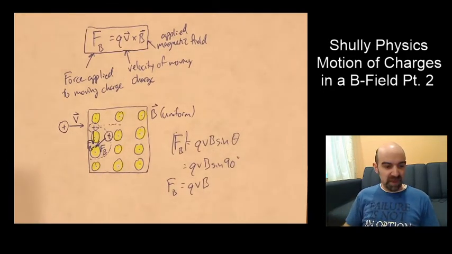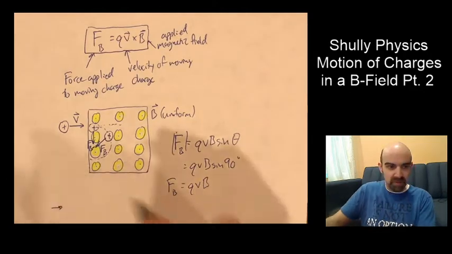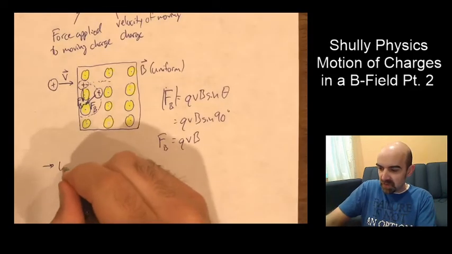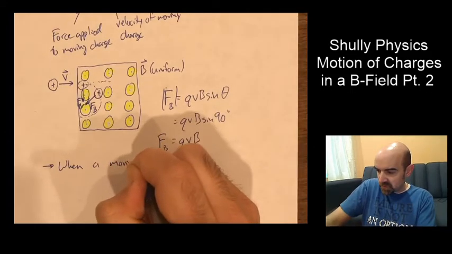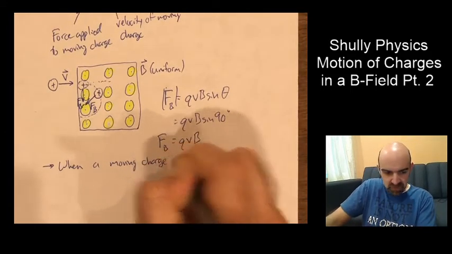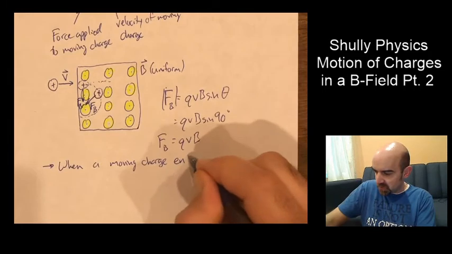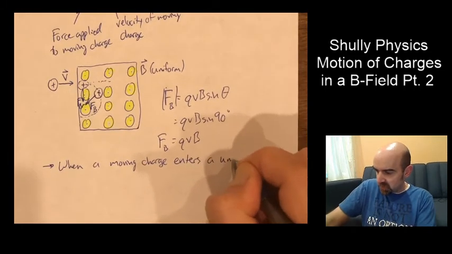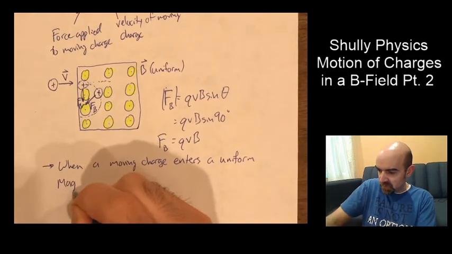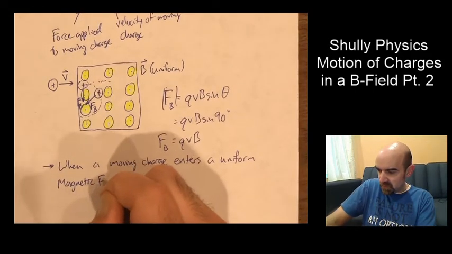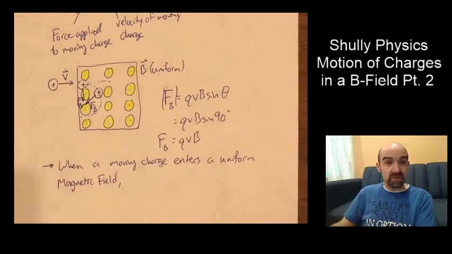So that's what happens when, to sum it up, when a moving charge enters a uniform magnetic field, what will it do?